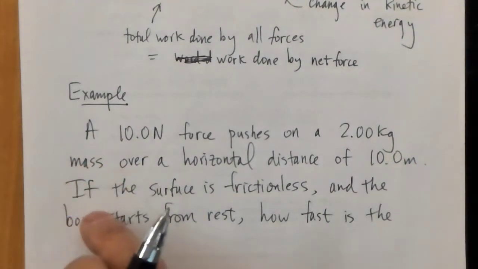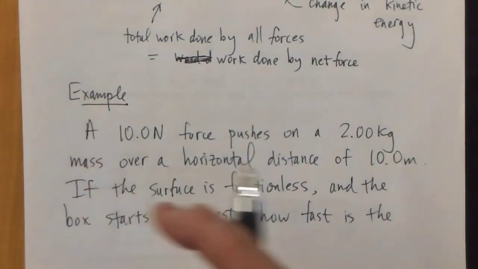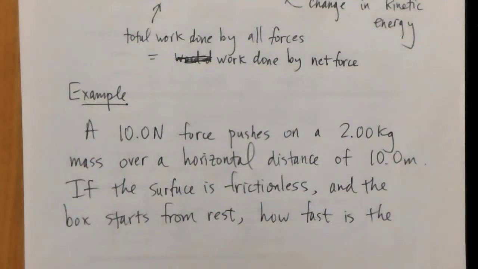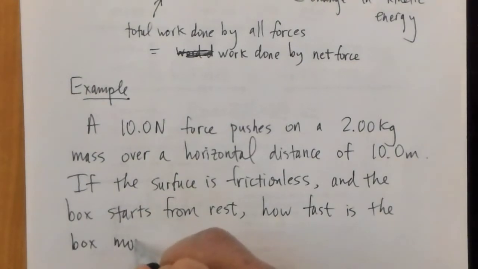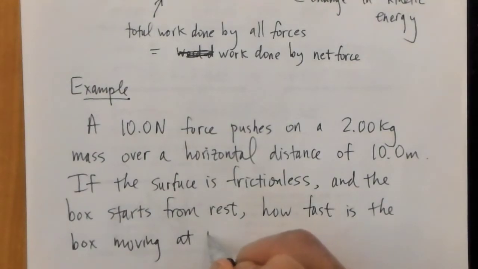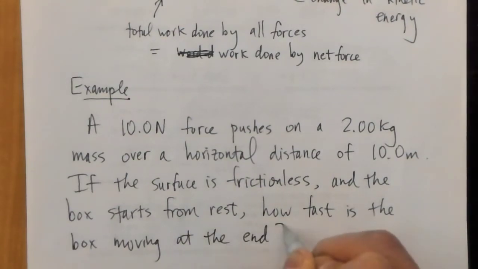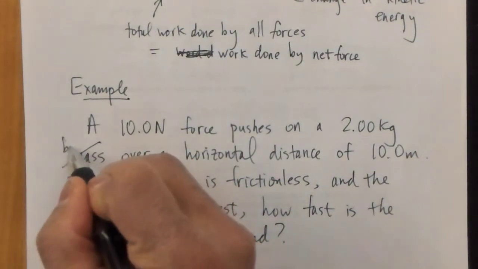So I called it a mass and it became a box. So it's a mass and a box at the same time. Okay. So how fast is the box moving at the end? Okay, let's just say box.